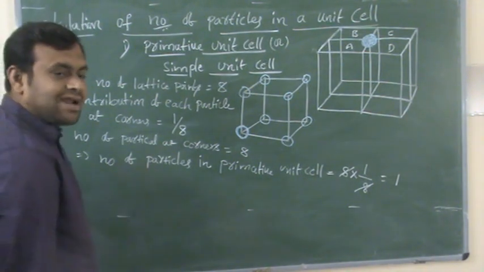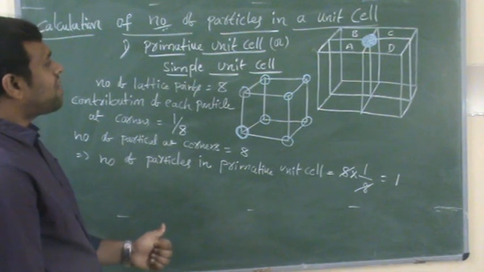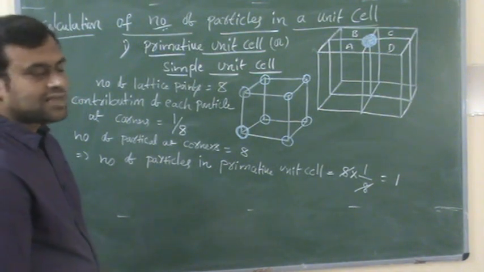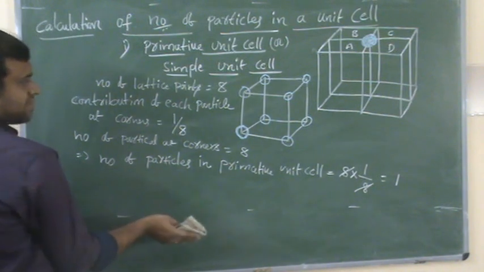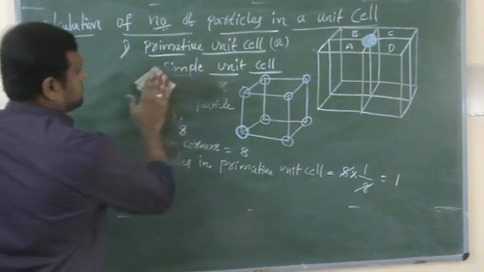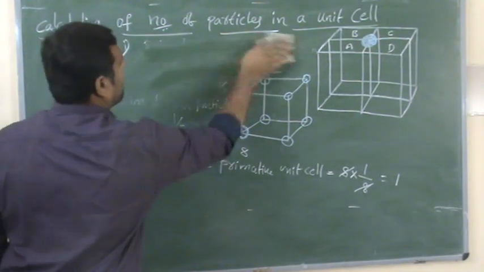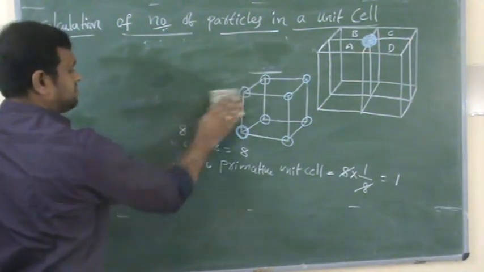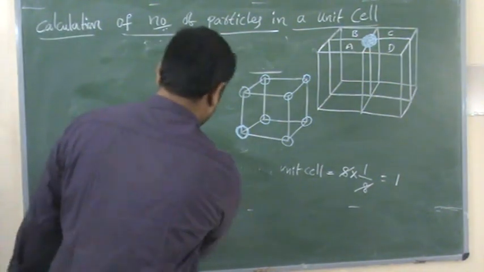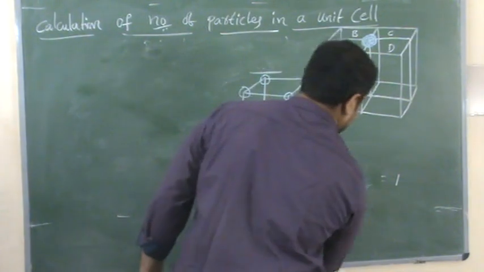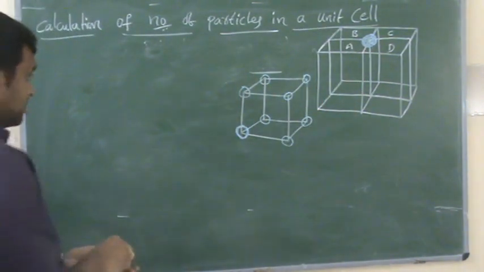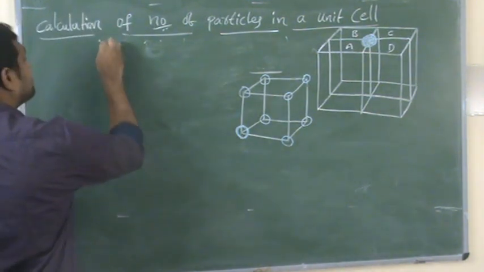Now let's calculate the number of particles in a body centered cubic unit cell, that is BCC. Is it finished? Yes.